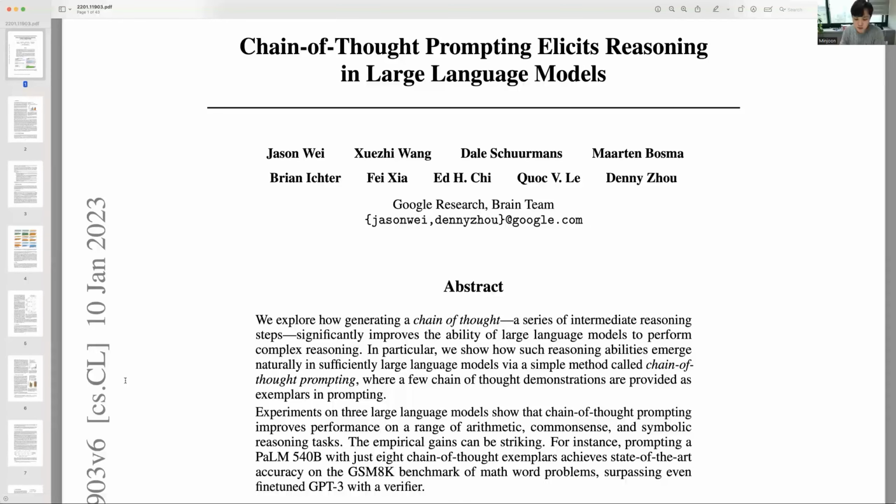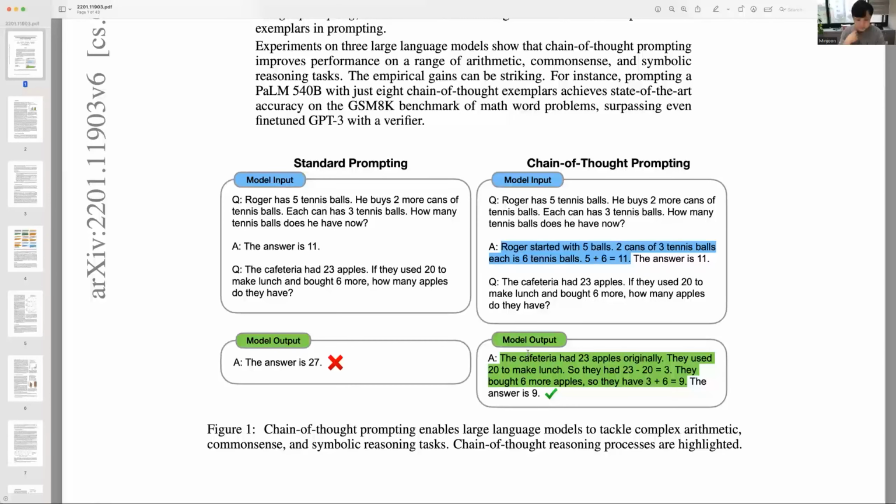So what is chain of thought? It's a simple but powerful idea. In a standard language model, one of the fascinating capabilities is that if you give a prompt to the language model, it tries to generate the next sentence given the prompt, which means you can give a question to the language model and expect it to do some task.